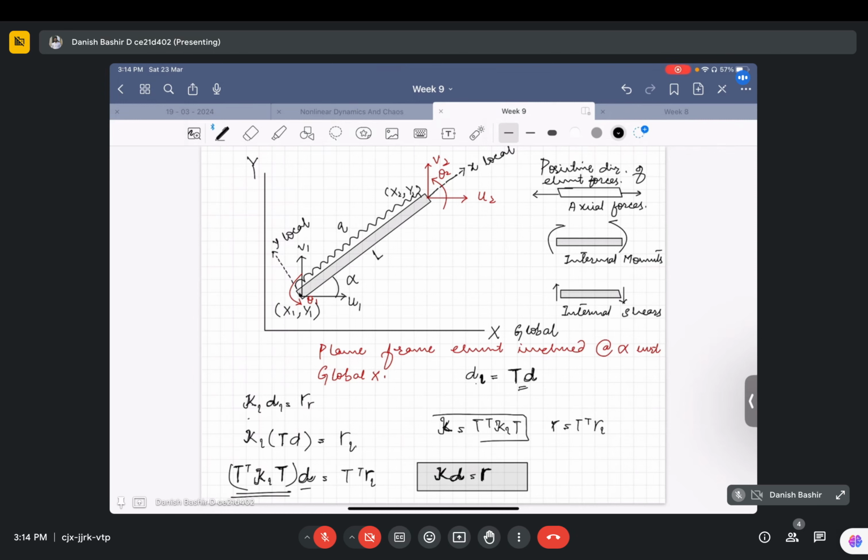You will get these things solved by solving one numerical problem. We will be solving that shortly. These are the things we have to remember.